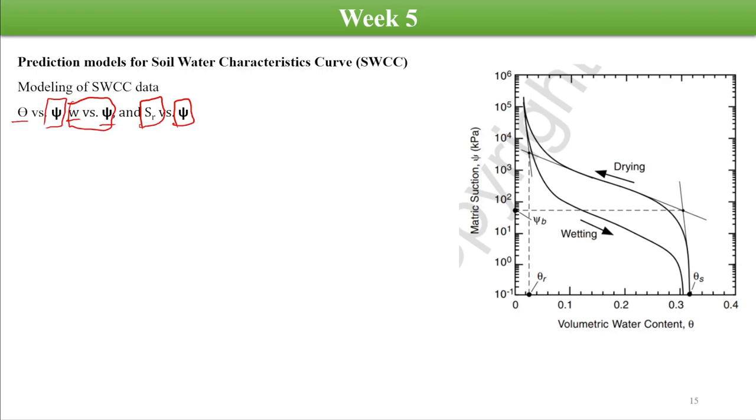If we see in this curve, if we start from the saturated condition in the soil and we start drying the soil sample, then it will follow this path.